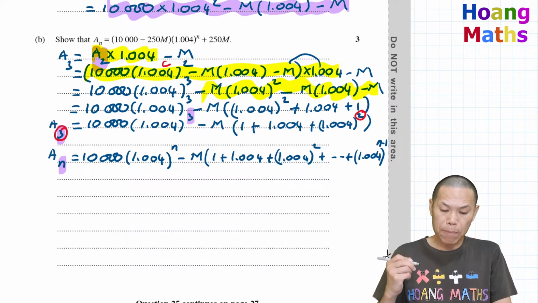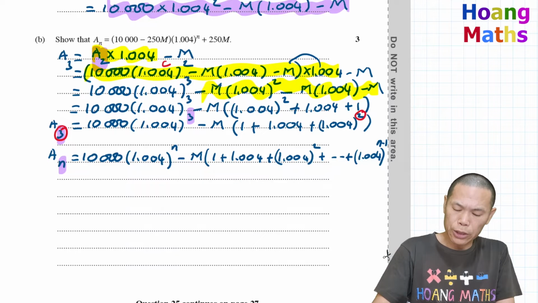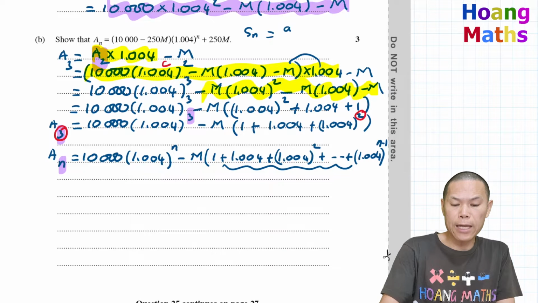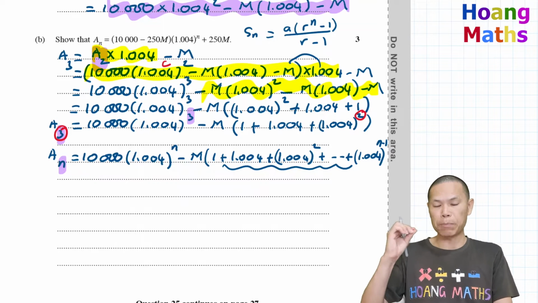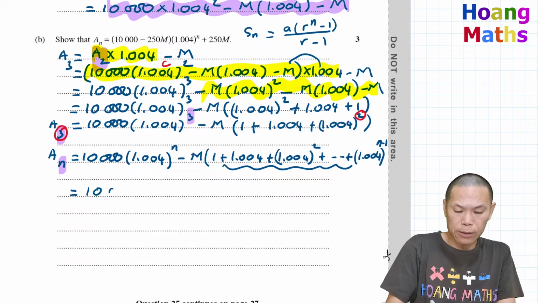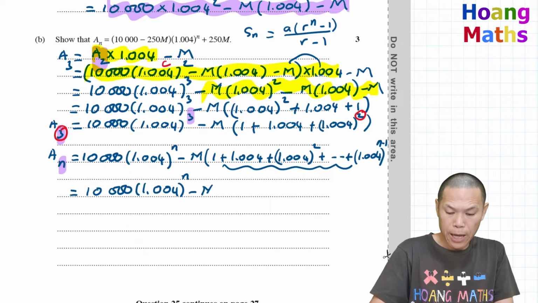So now what happened is, I'm just going to add this together. So this series here. So we know that Sn is a(r^n minus 1) over r minus 1. Okay, we use the sum of series. So now that becomes 10,000 times 1.004 power of n minus M. A is 1.